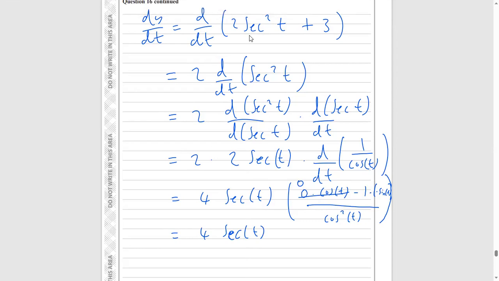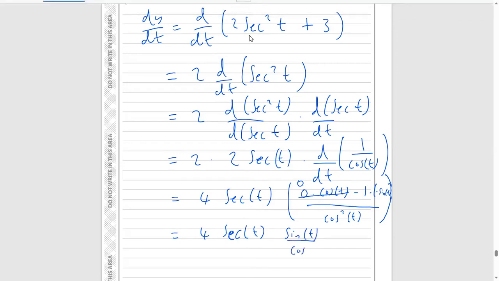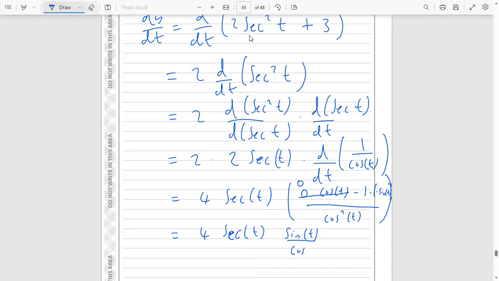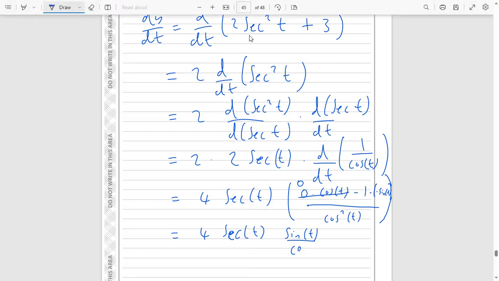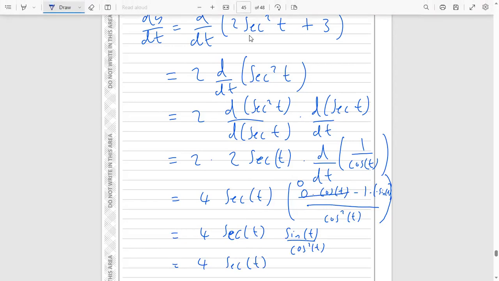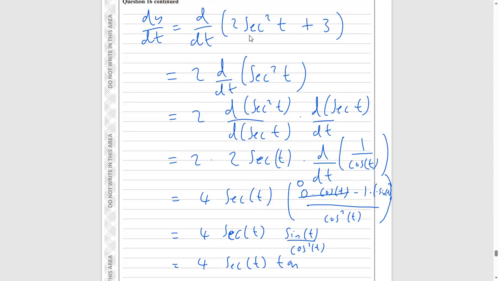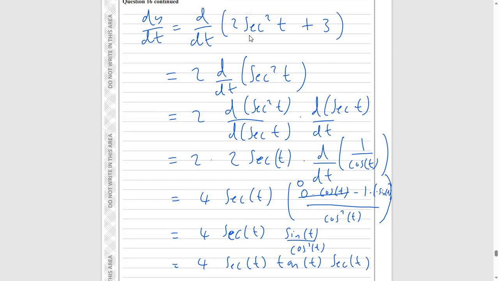So what we're going to get is sine t over cos squared t, and that's going to give us 4 times sec t, and then sine over cos is tan, and 1 over the remaining cos there, because cos squared is cos times cos. We've got 1 cos left over, so we get tan t times sec t there.